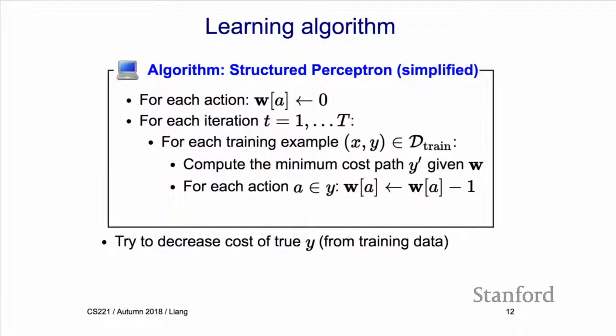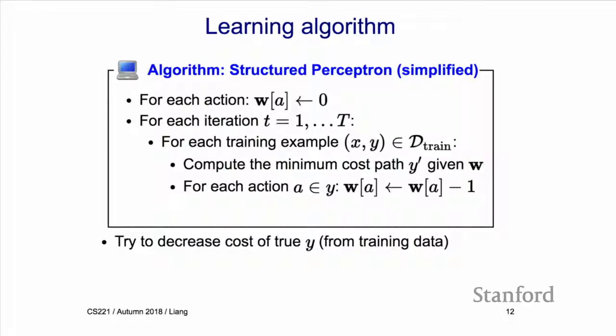And then what we do is we look at the true solution, so that's Y. Y is the solution given to us by some user who's trying to tell us their preferences. And for every action along their optimal path, we reduce the cost of that action. So if the user, let's say, walked 3 times, we reduce the cost of walking by 3. And if they took the tram twice, we reduce the cost of taking the tram by 2.